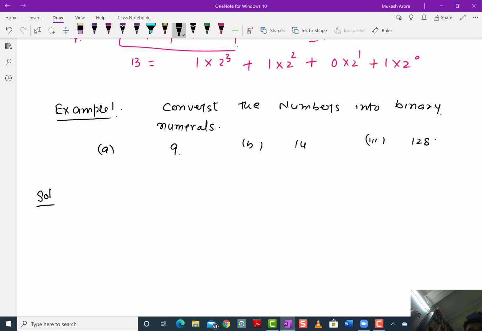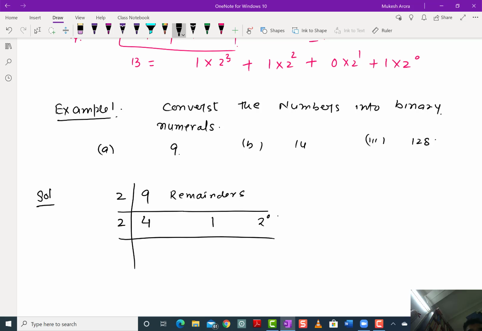So first we divide 9. We have to divide by 2 only. When we divide by 2, we will write the remainders here. 9 divided by 2 is 4, the remainder is 1, and this is 2 raised to the power 0. Then 4 divided by 2 is 2, the remainder is 0, 2 raised to the power 1.